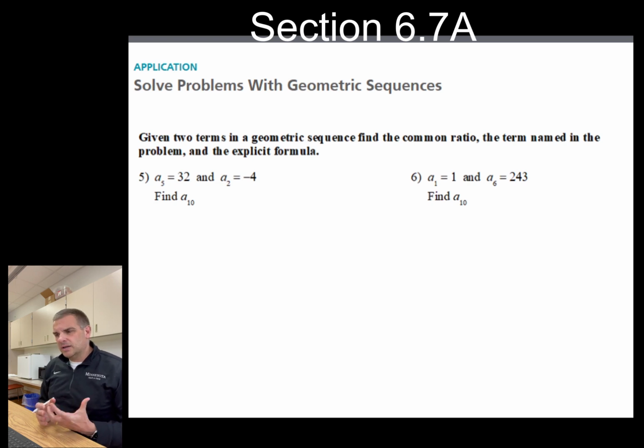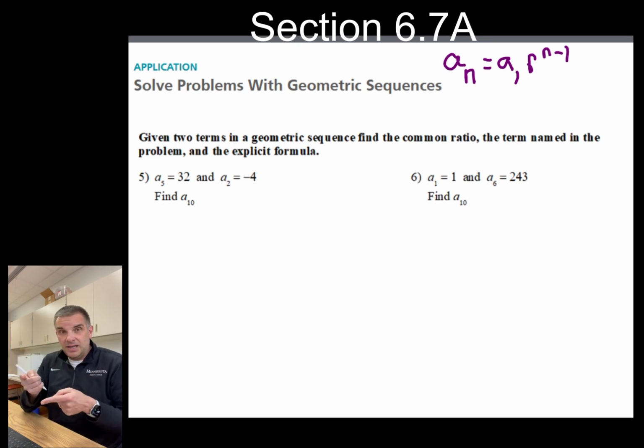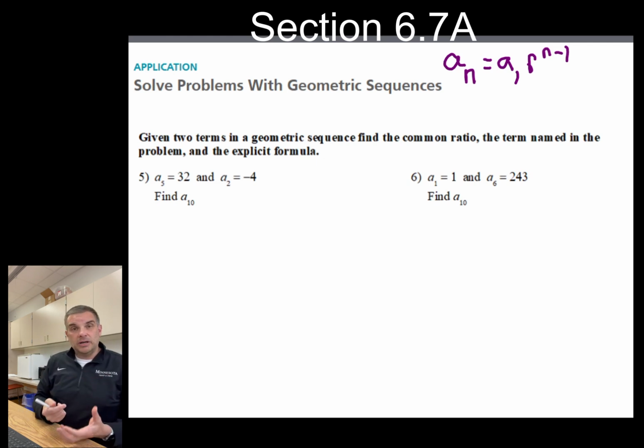And one thing I want you to pay attention to in this formula, I want to talk about the formula again real quick. So our formula says a of n is equal to a of 1 times r to the n minus 1. Now the a of n, the n value, and that a of 1, those are kind of arbitrary numbers.